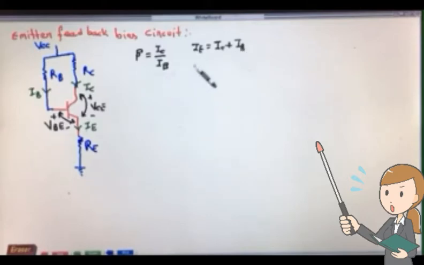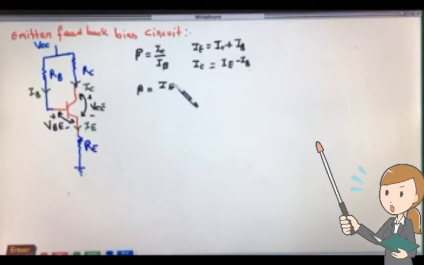So IC equals IE minus IB. So beta is equal to IE minus IB upon IB.